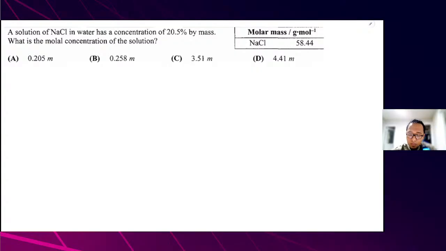So it has a concentration of around 20.5% by mass, and the molar mass itself is around 58.44. This is the Mr. So what is the molar concentration of the solution?